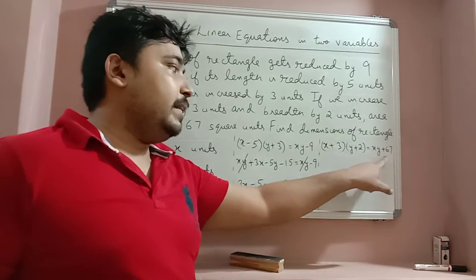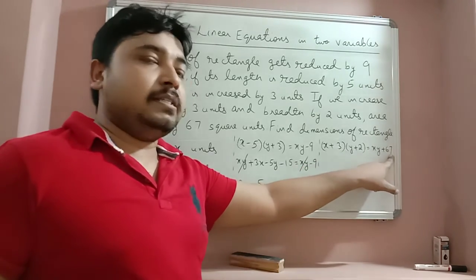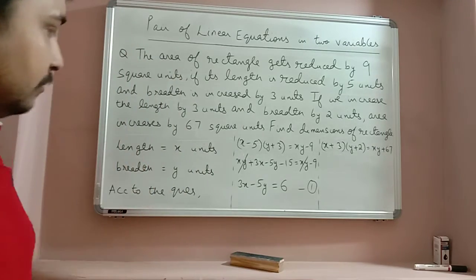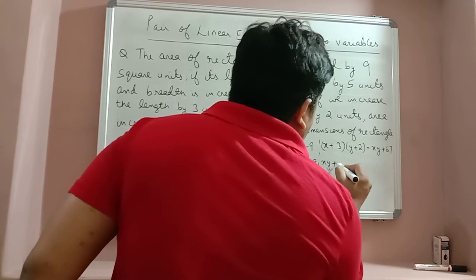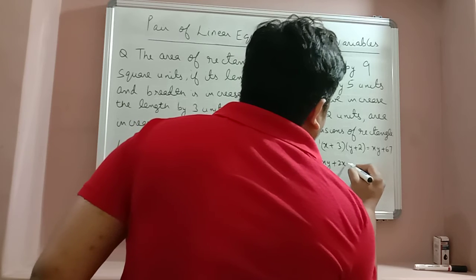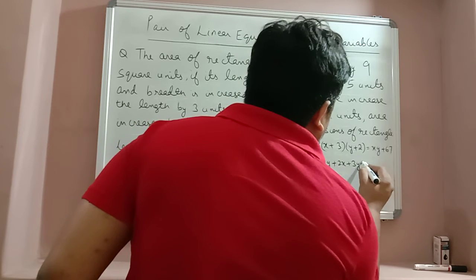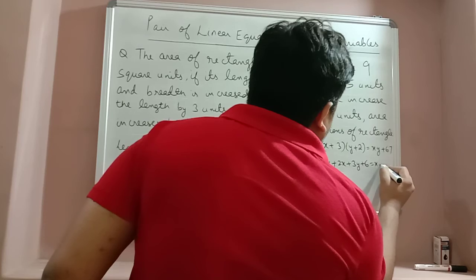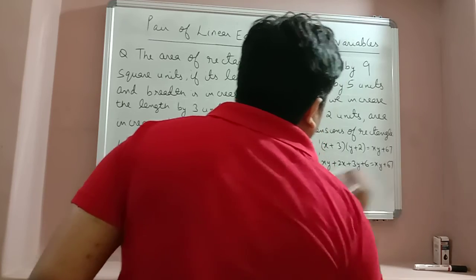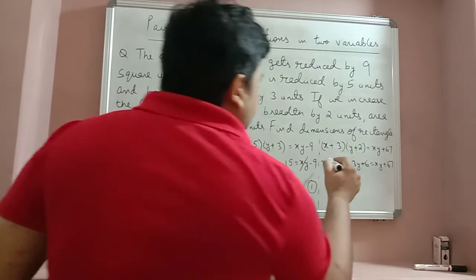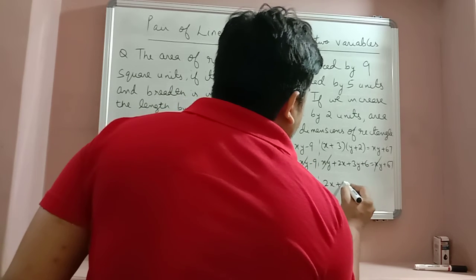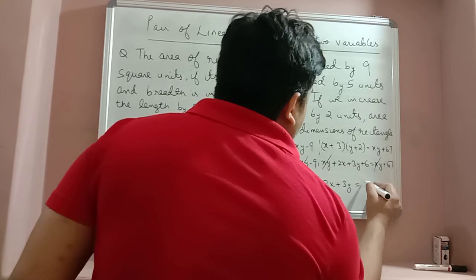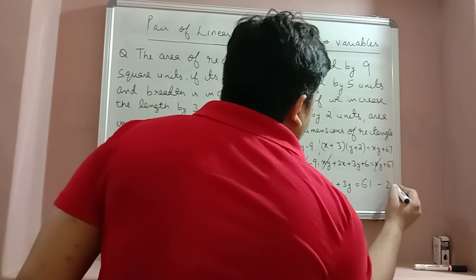Initial area was xy and we have added 67. Now on further simplifying, this becomes xy plus 2x plus 3y plus 6 equals xy plus 67. Again xy and xy get cancelled and we are left with 2x plus 3y equals 61. Equation number 2.